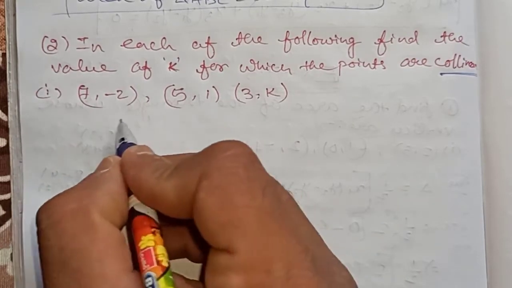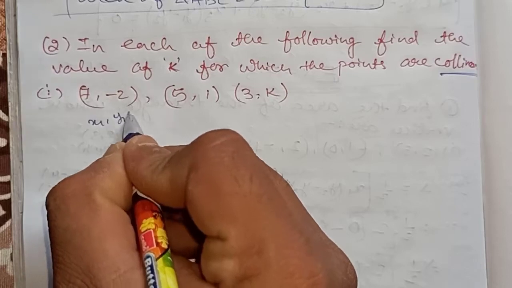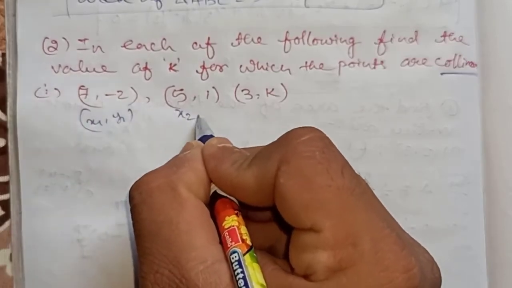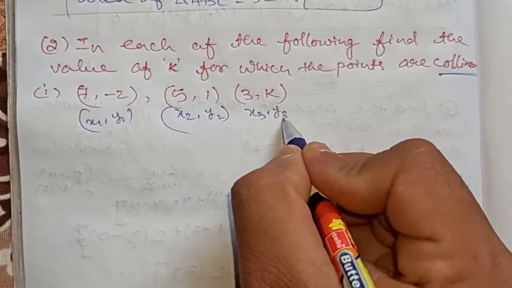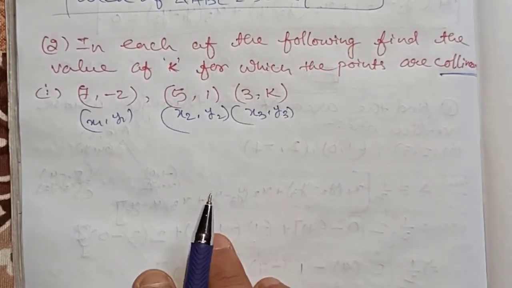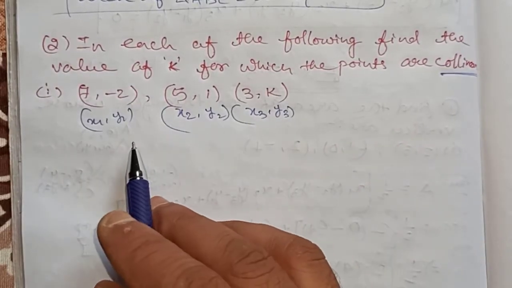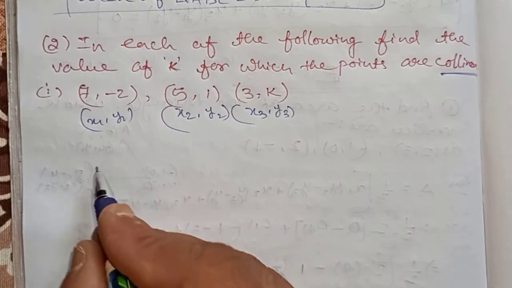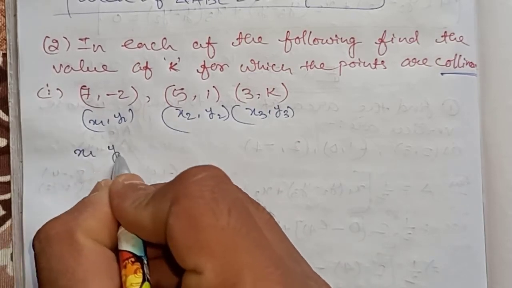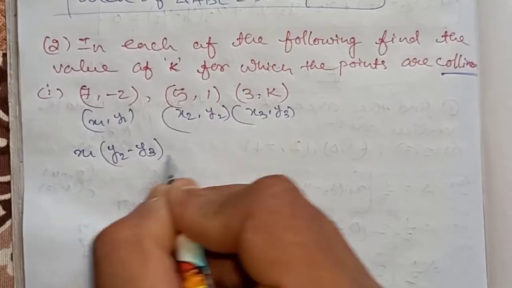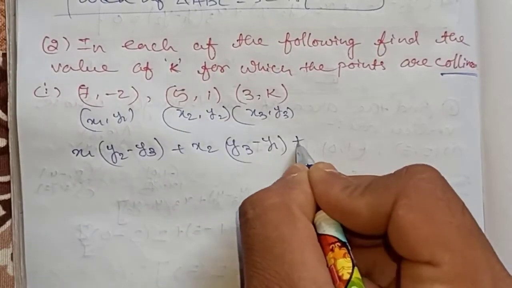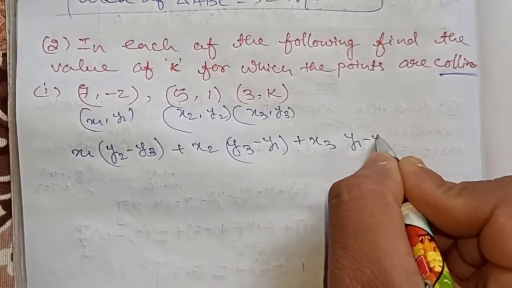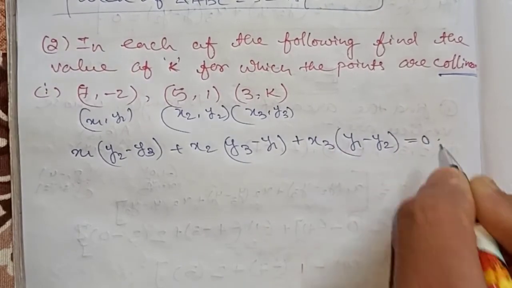So first of all, we will write their coordinates: x1 y1, x2 y2, and x3 y3. Okay, so these are the coordinates we have marked. Now we will use the collinearity formula. Collinearity formula is x1 (y2 minus y3) plus x2 (y3 minus y1) plus x3 (y1 minus y2) equals to 0.